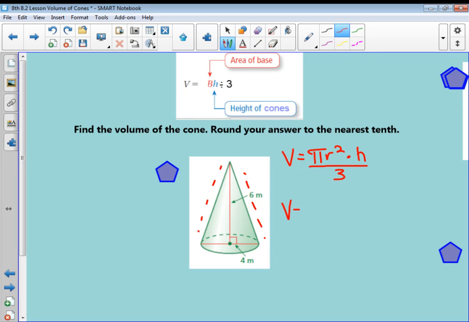Our volume equals pi, which is 3.14, times our radius. Well, the diameter was 4, so our radius is 2, squared, times our height of 6. Okay, 2 squared is the same as 4, so I'm just going to substitute that in.